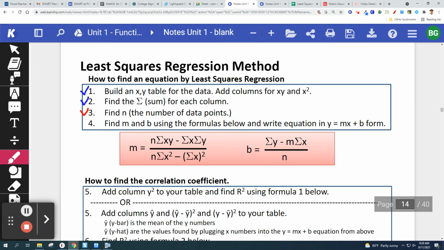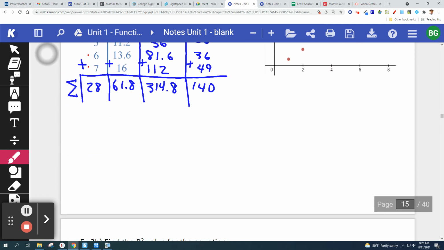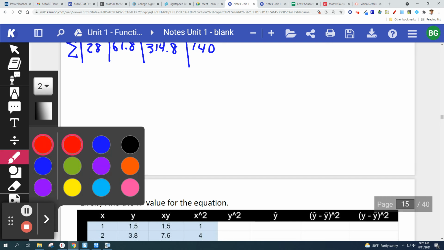So that was find n. Now step 4 says find m and b using the formulas below. So this is the hard part, obviously, because we have to use those formulas. All right, so I'm going to recopy the formulas. Hopefully I can write this small enough to fit.